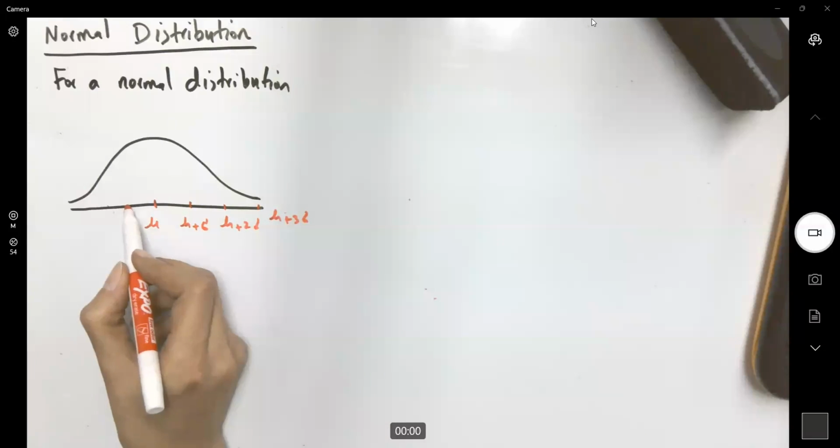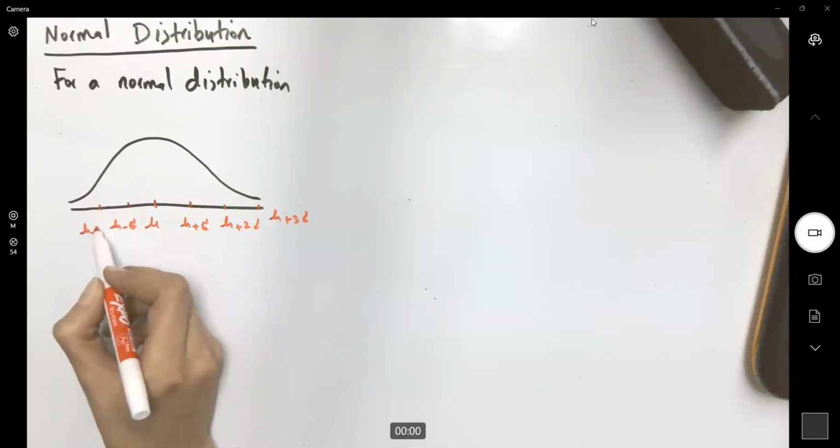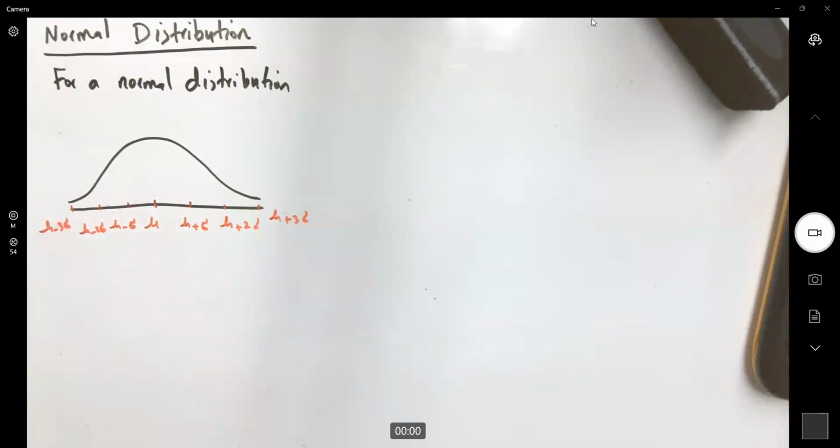And on the left-hand side, we have mean minus 1 standard deviation, mean minus 2 standard deviations, and mean minus 3 standard deviations.